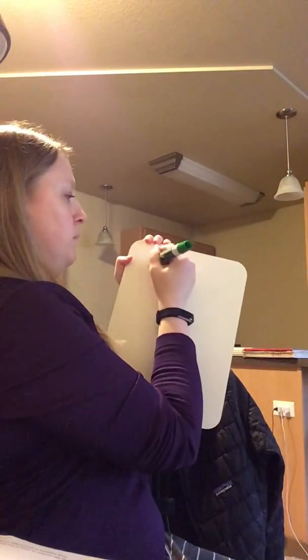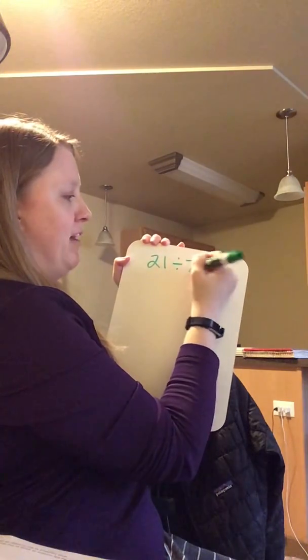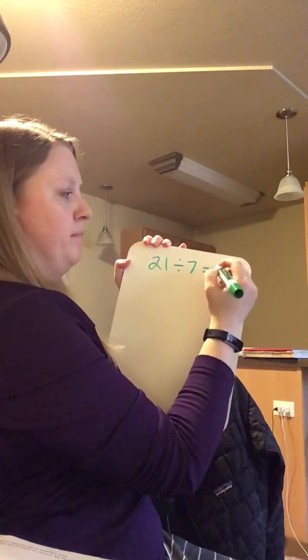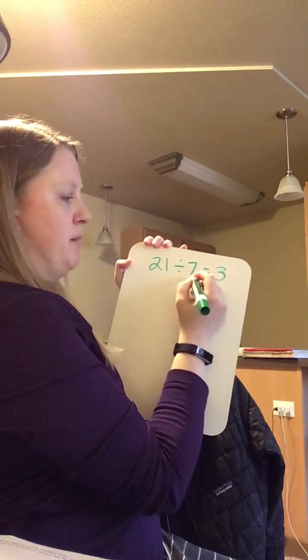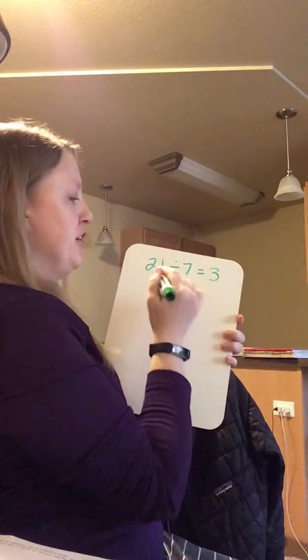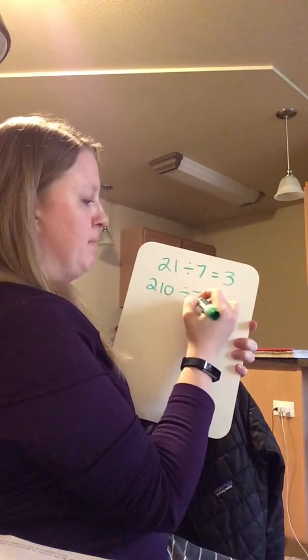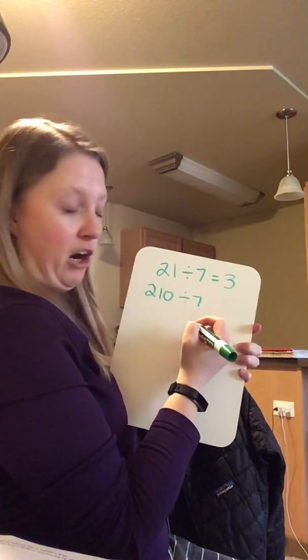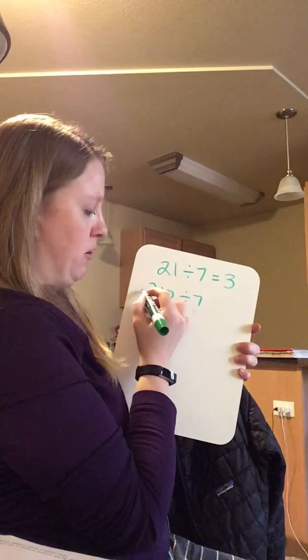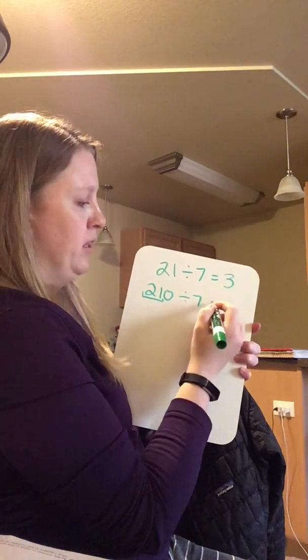For example, if I had 21 divided by 7, this is flashcard math. That's 3. 3 times 7 is 21. So if we kept going with that, what if this was 210 divided by 7? This is not scary, because remember, we just ignore the 0 and look at the 21.